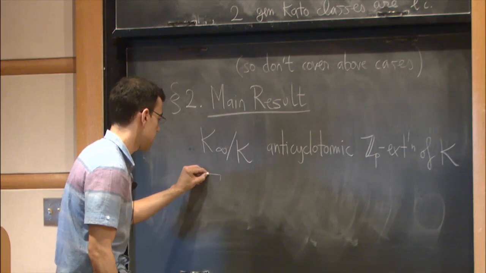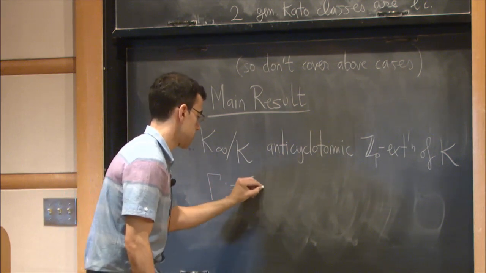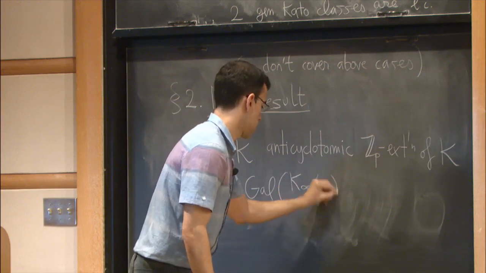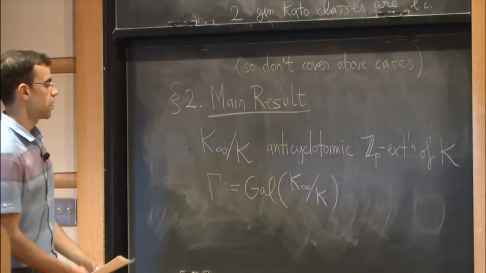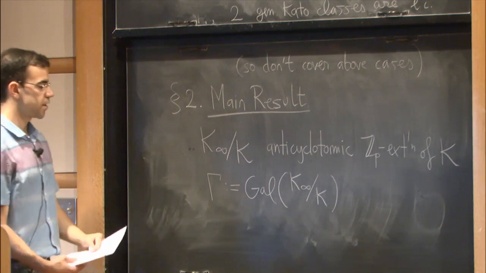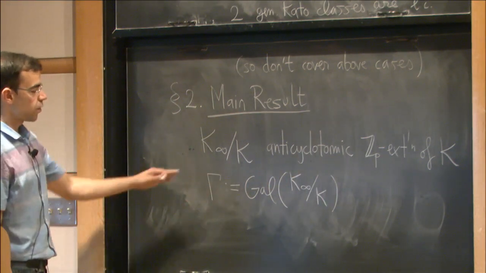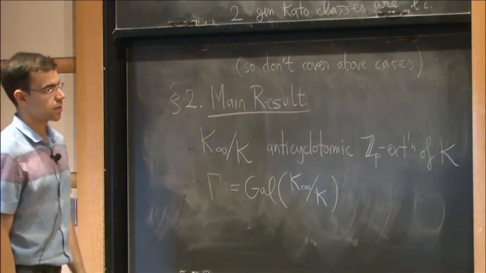If I denote by gamma the Galois group of this extension, it has the property that the action of the non-trivial automorphism of K over Q will act as inversion on the elements of gamma.